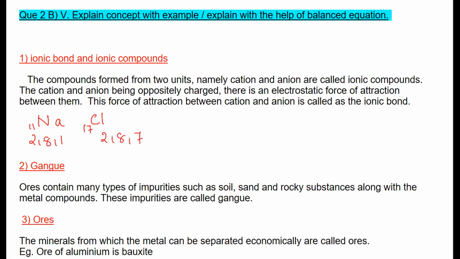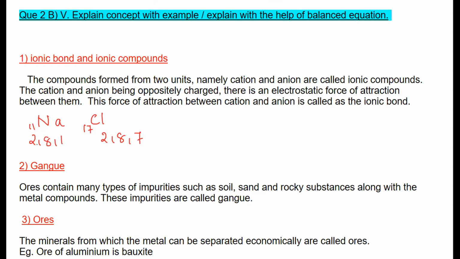Sodium has 3 shells: K shell, L shell and M shell. The M shell contains only 1 electron. So if it loses 1 electron from the M shell, then the L shell will contain 8 electrons, so it can satisfy its octet. When it loses 1 electron, it becomes positively charged.